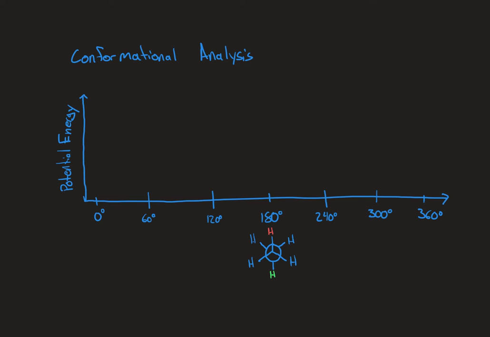Right now, the red and green hydrogen are 180 degrees apart. That's the staggered conformation. If I were to rotate the back 60 degrees to the right, I would wind up with something like this.